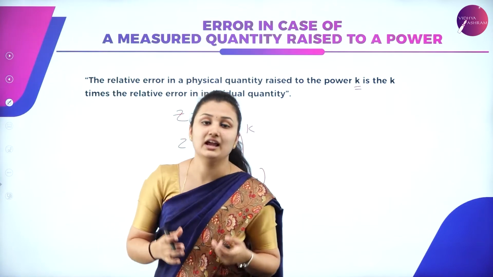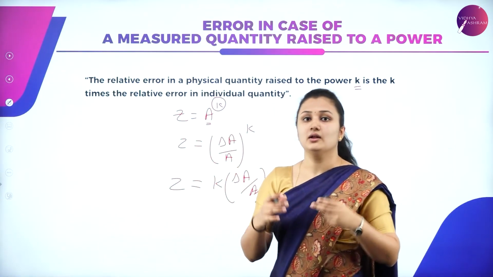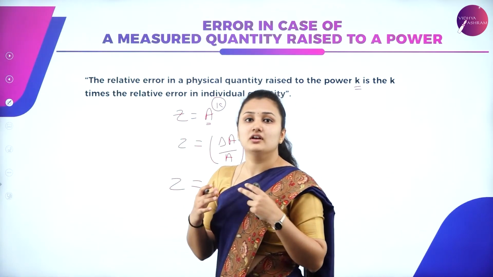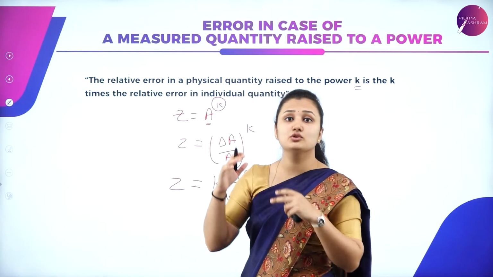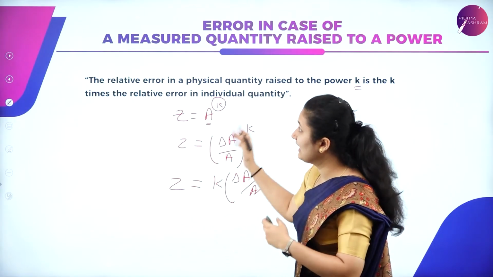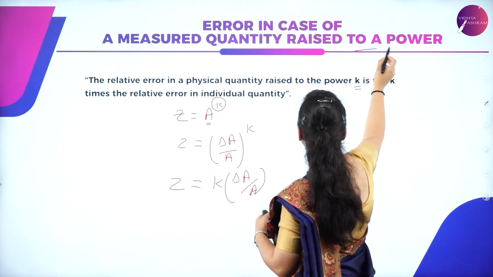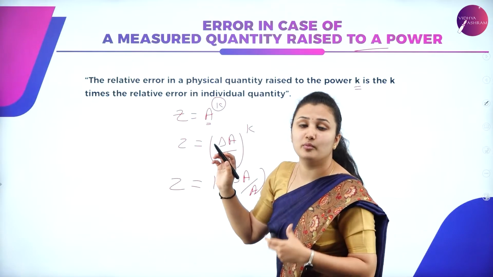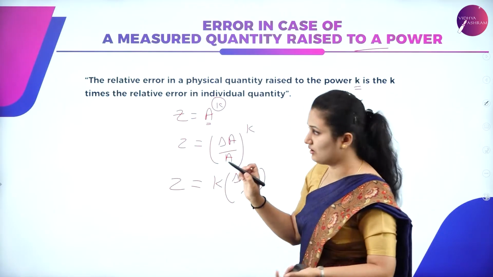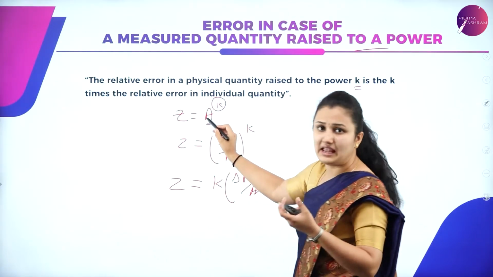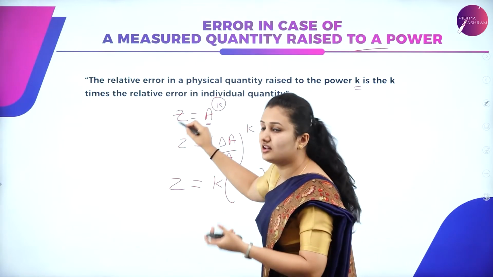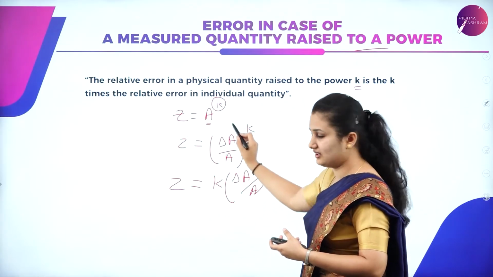Even in rule 3, I am talking about relative error. My rule 2 was telling me about relative error, and the first rule was absolute error. Even here, in the error of a measured quantity raised to a power, I am considering relative error. Any physical quantity, say A, B, C, the relative error in the physical quantity is represented like this.